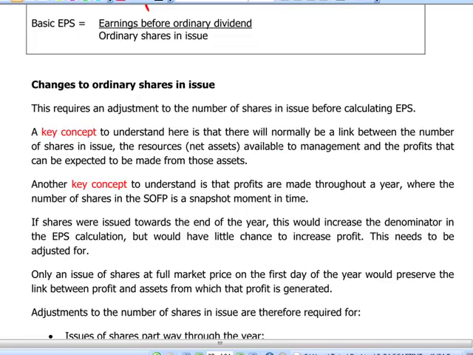That's the main idea. So every time this link is broken, where I'm issuing shares for which I'm receiving some cash, which will generate profit, every time there is a missing link somewhere in this chain, you will have to adjust or restate the earnings per share.